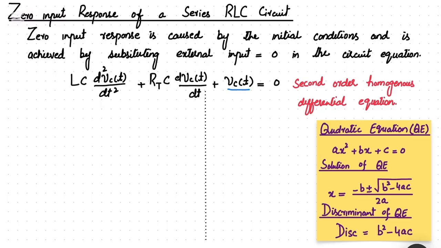Let's assume Vc of t is a decaying exponential function. The first derivative of the decaying exponential function would be something like negative amplitude at t equal to 0, and then an exponential function e raised to power minus alpha t. And the second order term would be the positive term.